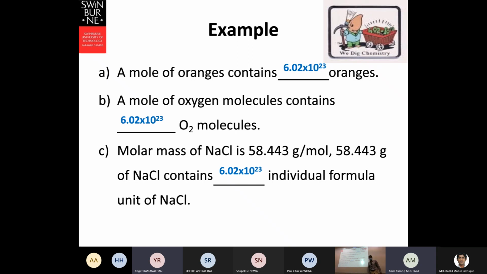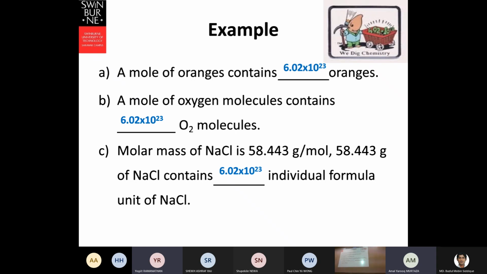Okay, so what was I doing? Oh, 1 mole of oranges is 6.023 times 10 to the power 23 oranges. Can you imagine how big that will be?